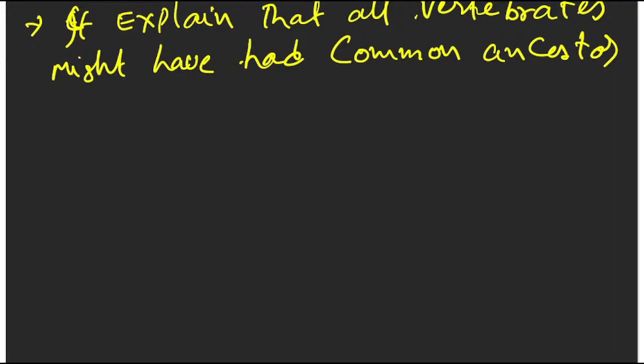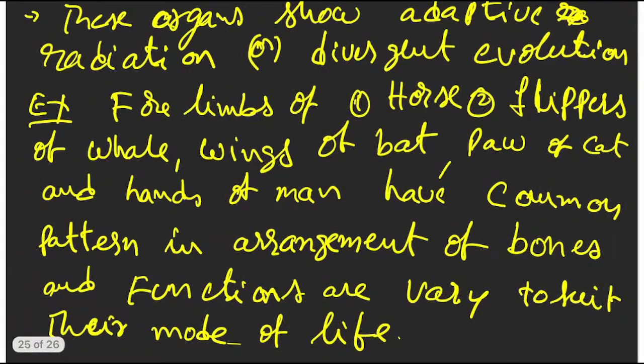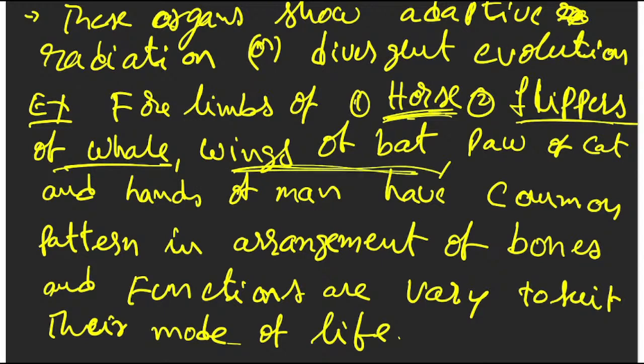Suppose we take the horse. Horse forelimb is useful for running or walking. Flippers of whale are useful for swimming in the water. Wings of bat are useful for flying. Paw of cat is also useful for gripping.